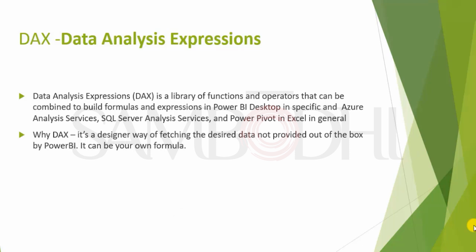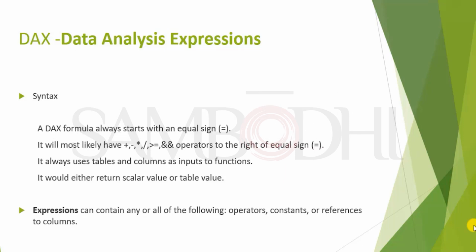On those lines, let's have a look at the syntax of data analysis expressions. In general, you would see a DAX formula always starts with an equal to sign. That sign means whatever you get from the right hand side of the equal to sign would be shown as an output to the measure or the card.